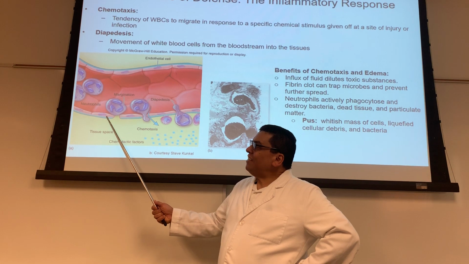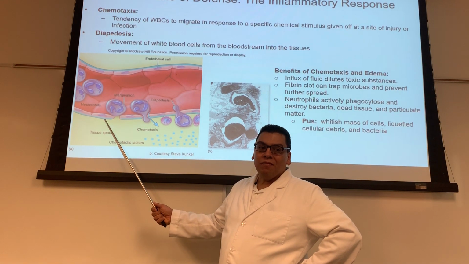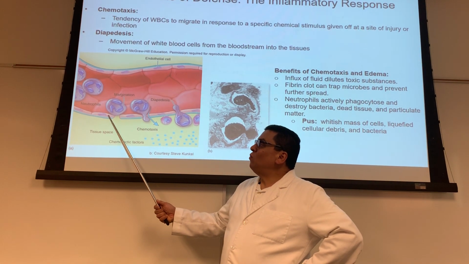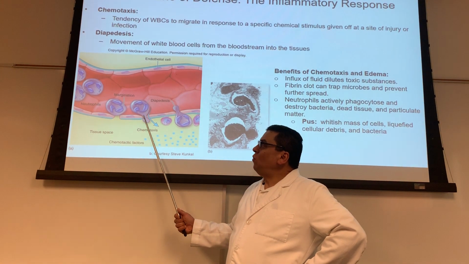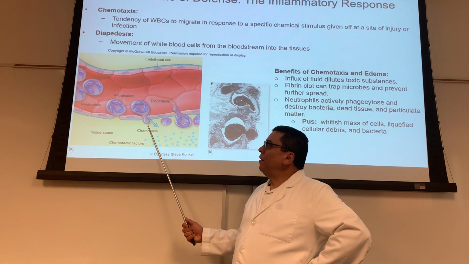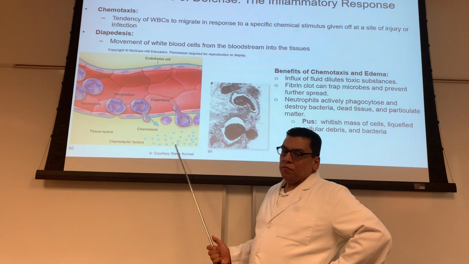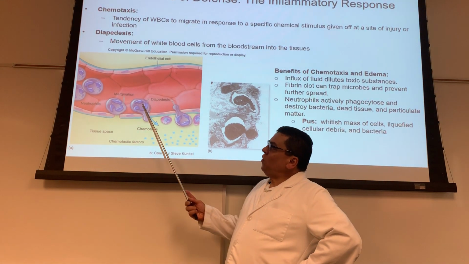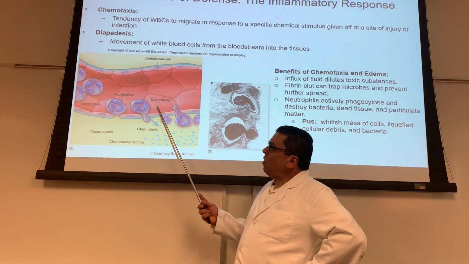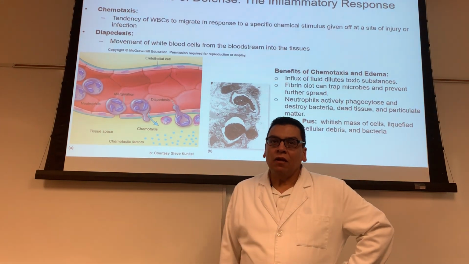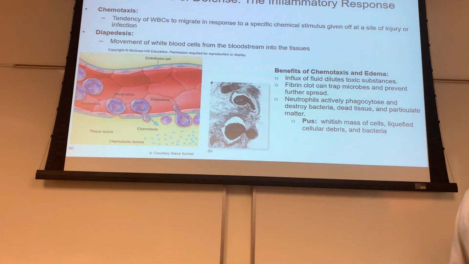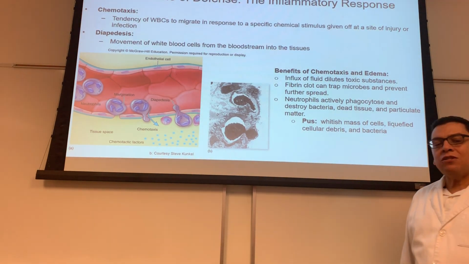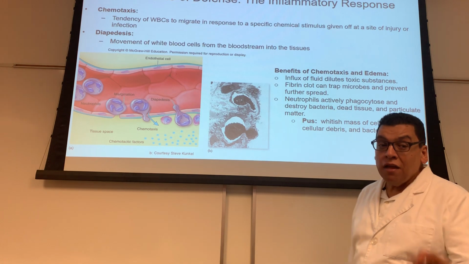Luckily, it's only one cell layer thick. It's the endothelium. It is one cell layer thick, and the white blood cell is literally able to squeeze between the cells and enter the tissue. The squeezing between them is called diapedesis. So, for the white blood cells to eventually enter the tissue, they have to go through three things.